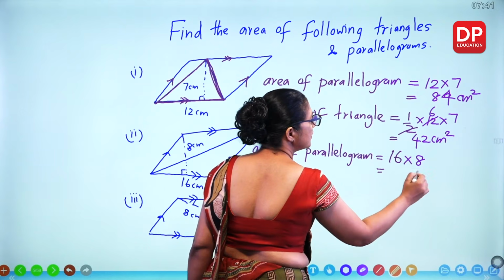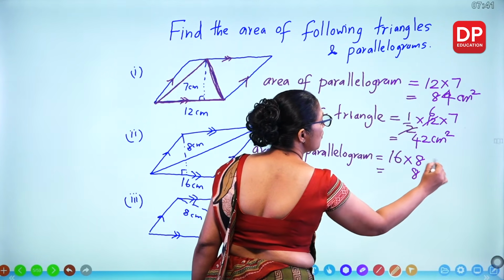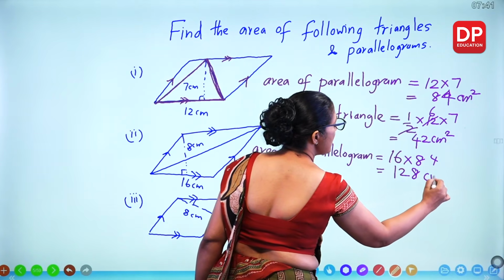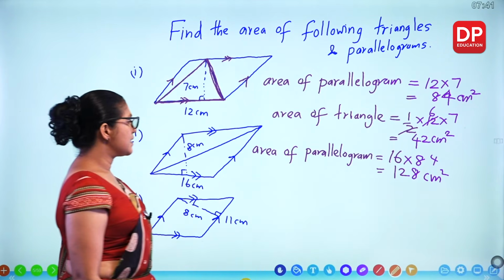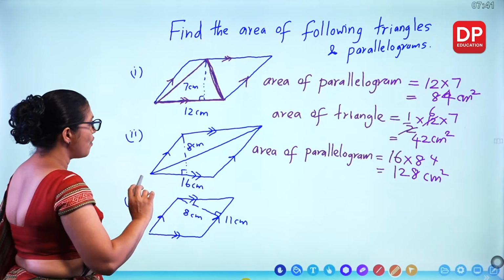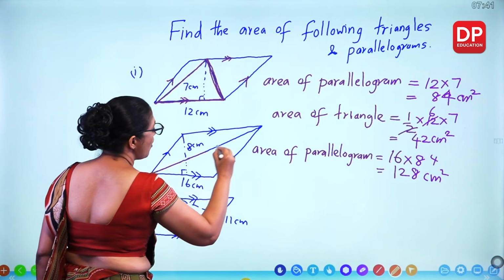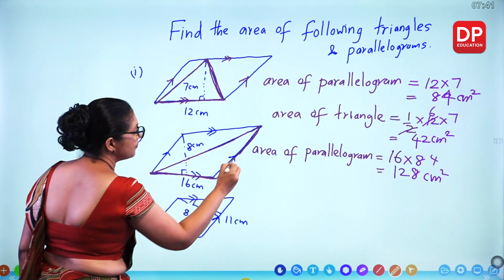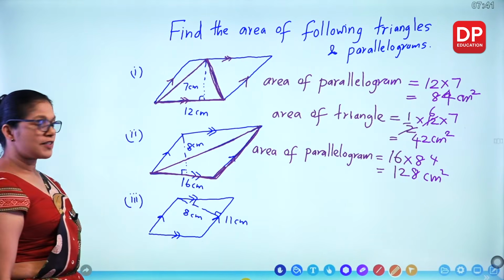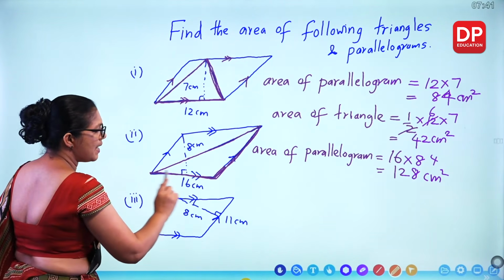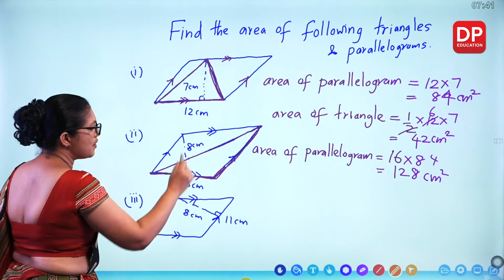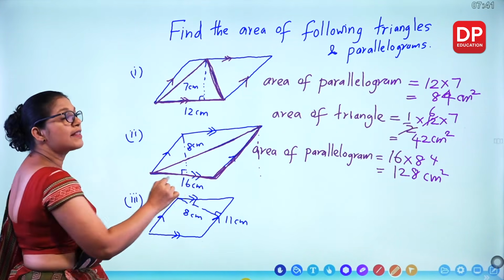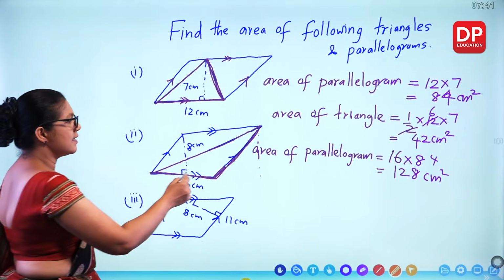That's the answer. 128 square centimeters. If I want the area of this one, how can I find this area? What's the base there? Base is this. But we can draw the perpendicular line any place, here or here. You get the same height.